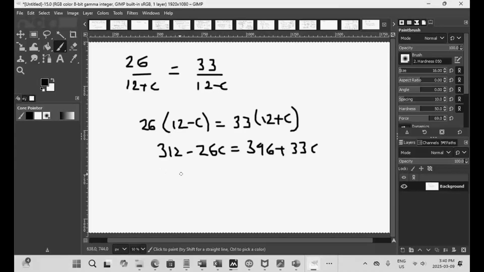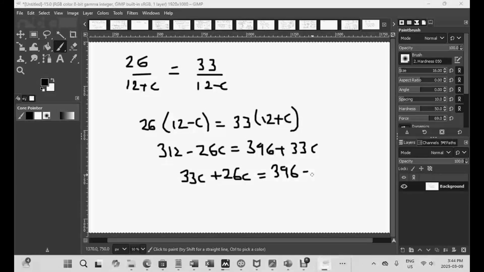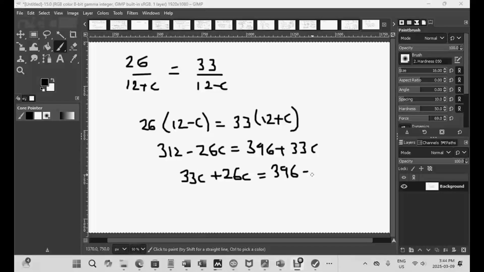All right, so we know that 33C plus 26C, and this will be 396 take away 312. This will be 33 plus 26.